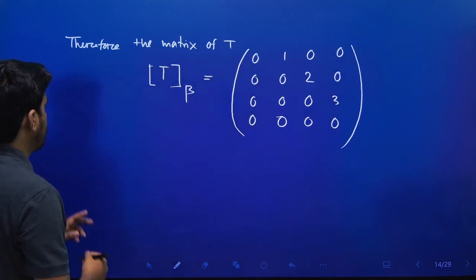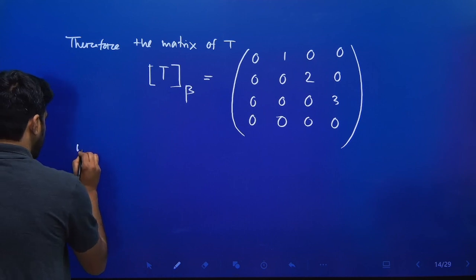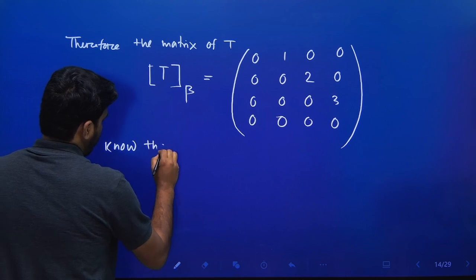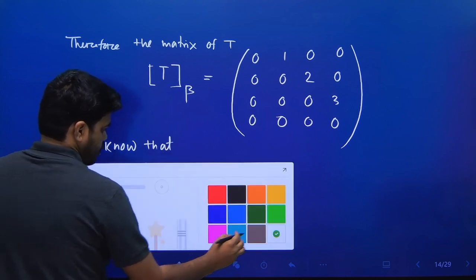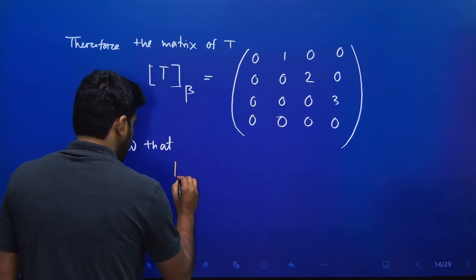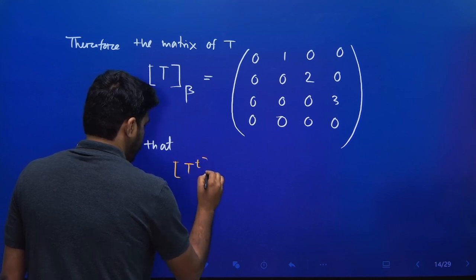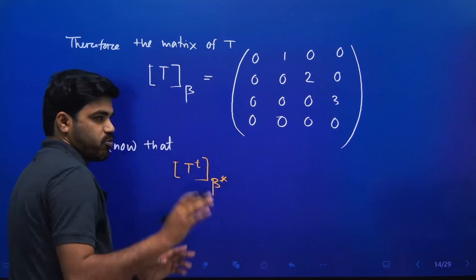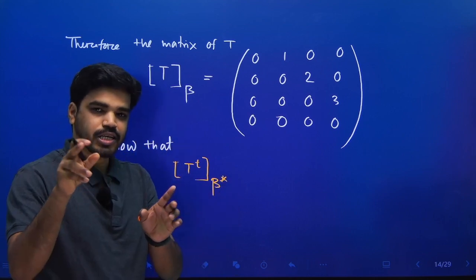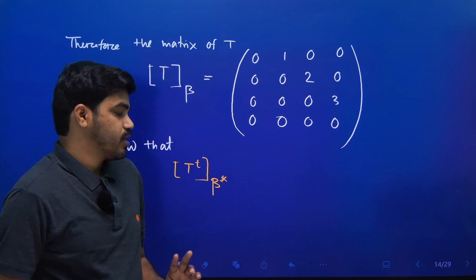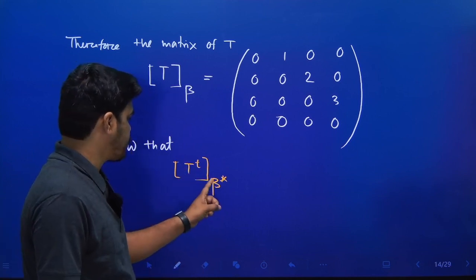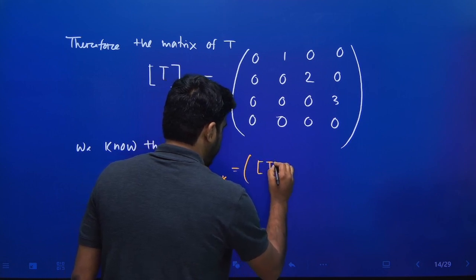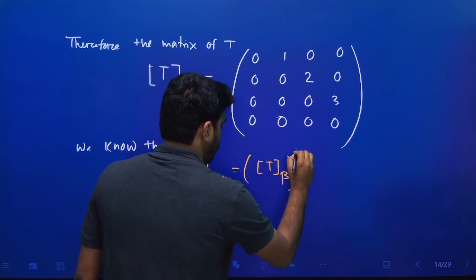Take. So we know that T transpose is simply beta star, right? W to W. So T transpose, that is W star to W star, with basis beta star. So this will be the matrix of T whole transpose.